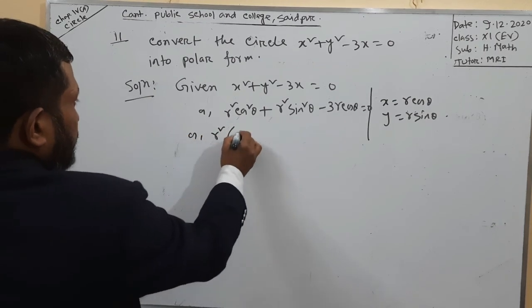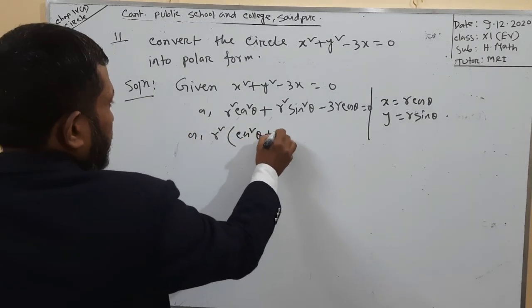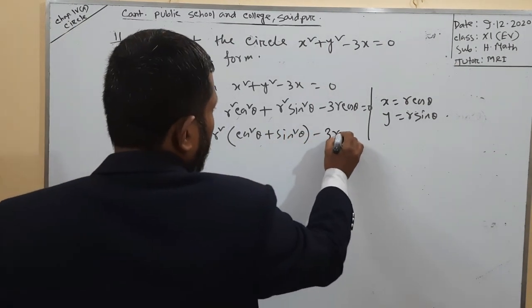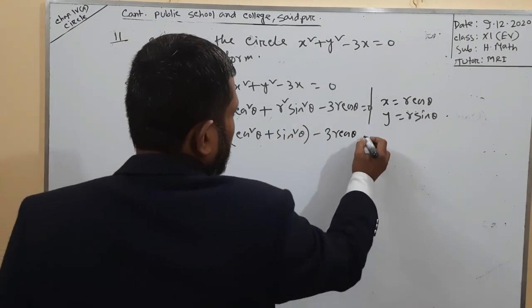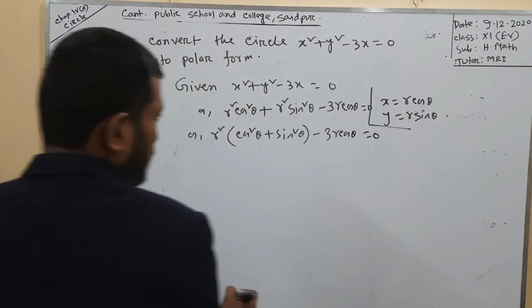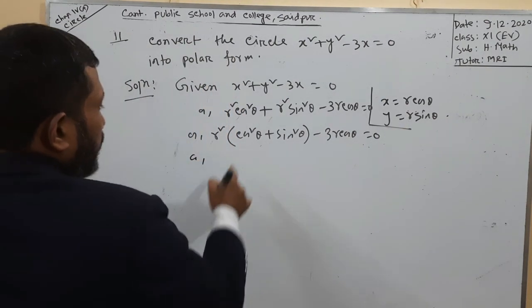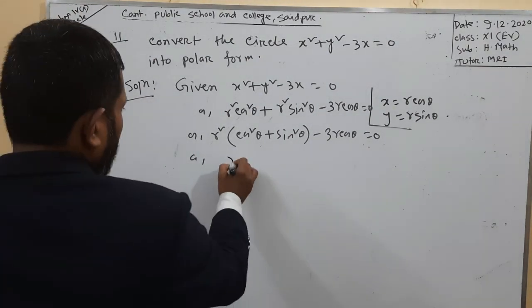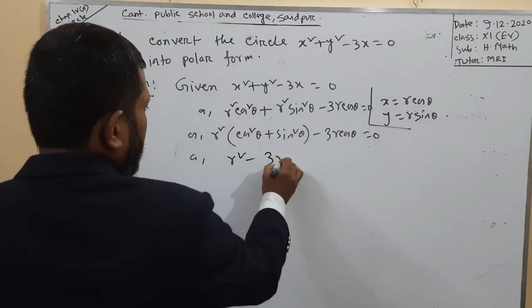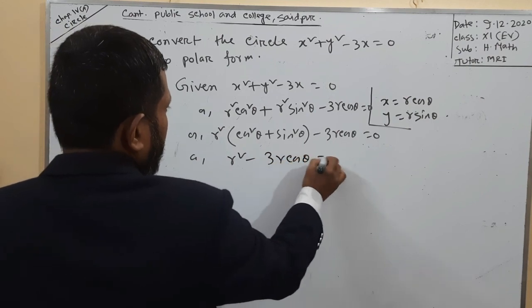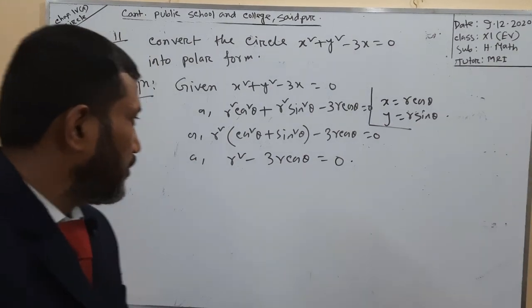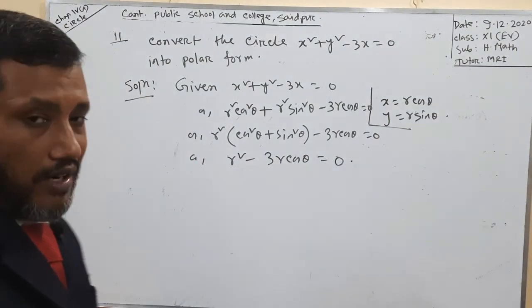So r square times cos square theta plus sin square theta minus 3r cos theta is equal to 0. We know cos square theta plus sin square theta is equal to 1, that is, r square minus 3r cos theta is equal to 0. This is the equation in polar coordinates.